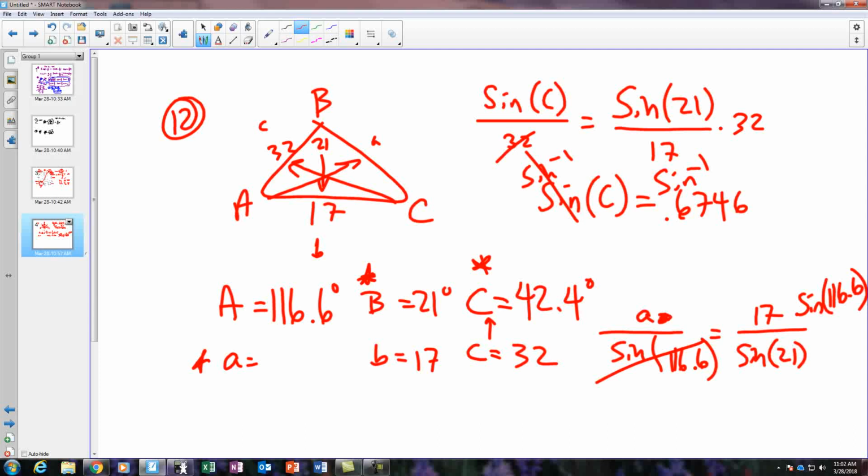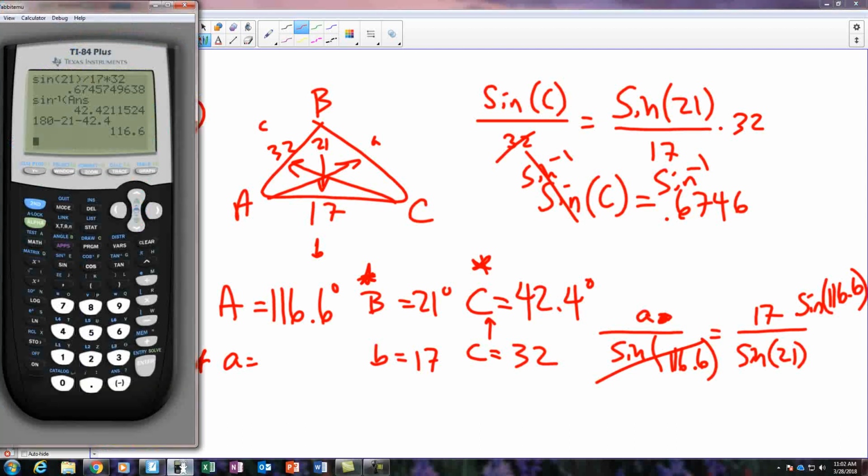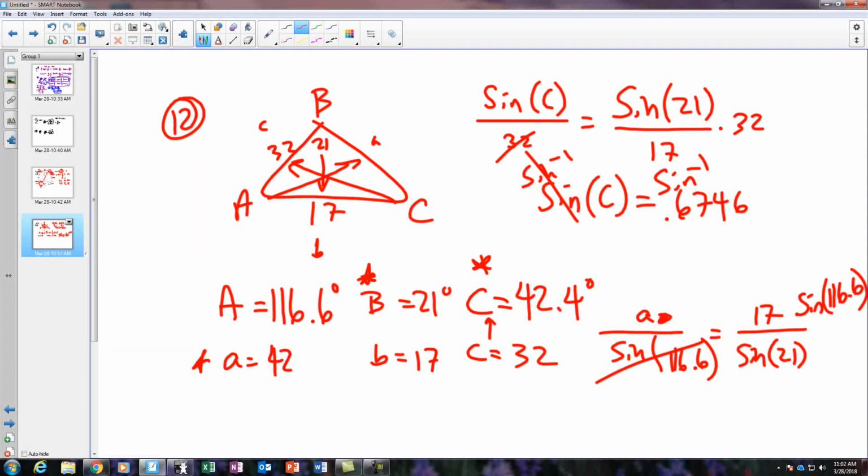I'll get rid of that and leave little a alone. So I'm going to grab my calculator. I'm going to type the sine of 116.6 times 17 divided by the sine of 21. And if I press enter, I get 42.4. Is that bigger than the 32?